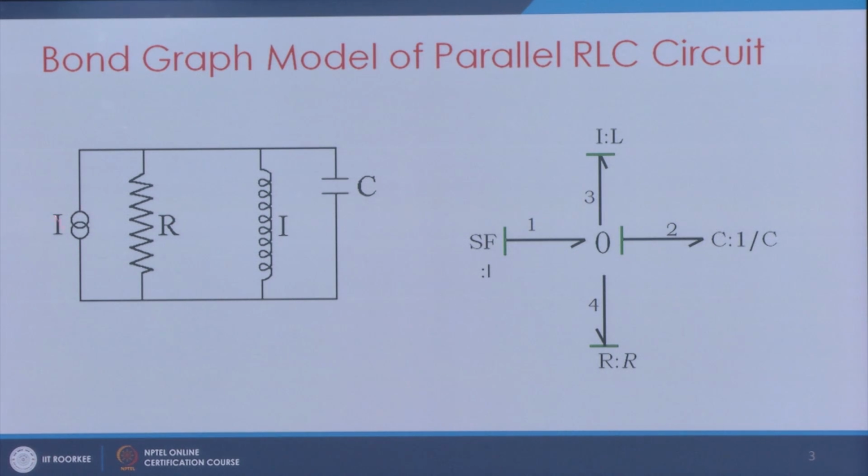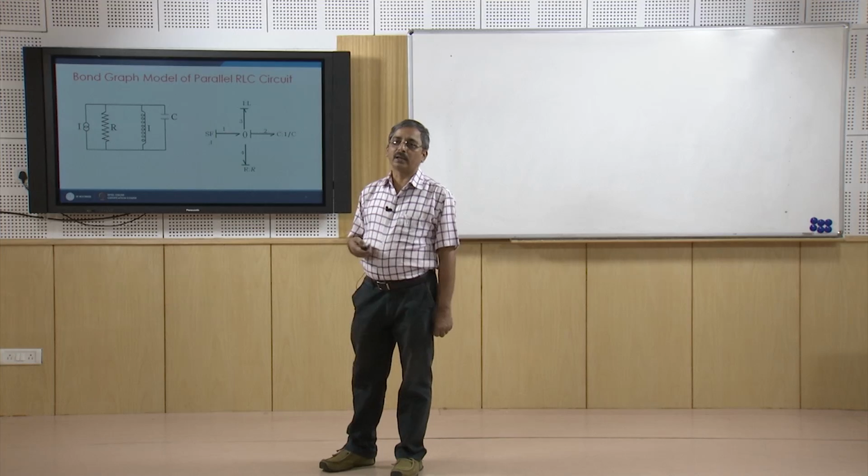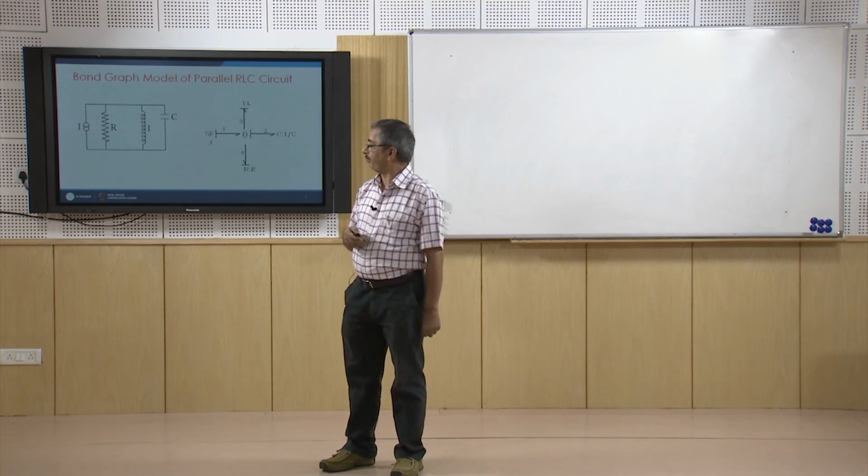Again we identify the elements: a source of current represented by a source of flow, a resistor represented by R, an inductor represented by I and a capacitor represented by C. The constraint here is that all the elements are in parallel, which we put by using a 0 junction, which essentially means that the voltage across all the elements is the same.